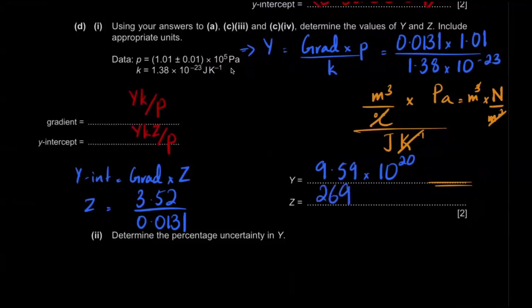Again, what are the units of this going to be? The y-intercept just has units of whatever you have on the y-axis, which is meter cube. And the gradient is units of y over units of x, so meter cube per degree Celsius. Meter cubes cancel. So the units for this are just degrees Celsius.